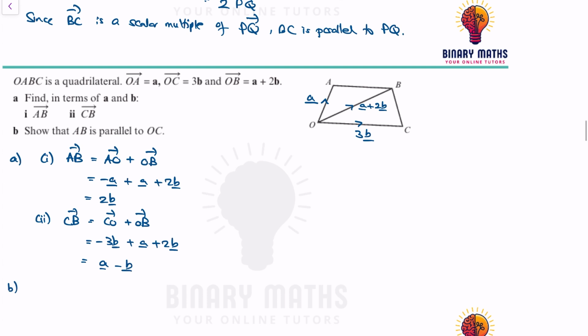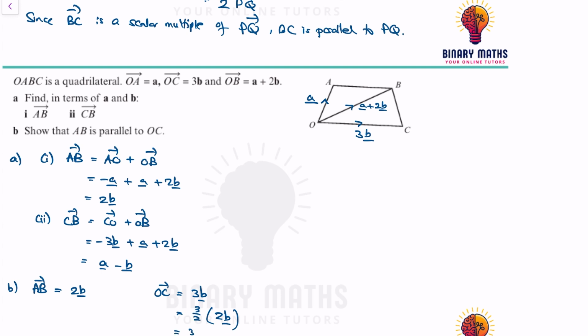Okay, part B, show that AB is parallel to OC. So A to B we've already worked out is 2B. O to C is equal to 3B. So we need to write it as 2B times something gives us 3B. 2B times 3 over 2 gives us 3B.